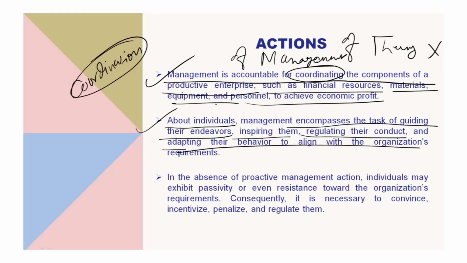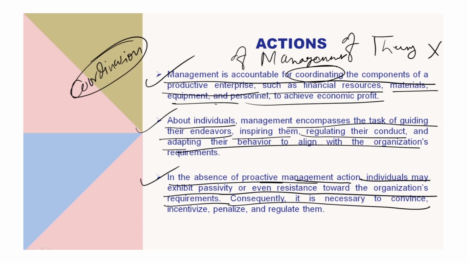So, the employee will not be self motivated under the assumption of Theory X. This is the main point. And the last one: in the absence of proactive management action, individuals may exhibit passivity or even resistance towards the organizational requirements. Consequently, it is necessary to convince, incentivize, penalize and regulate them.